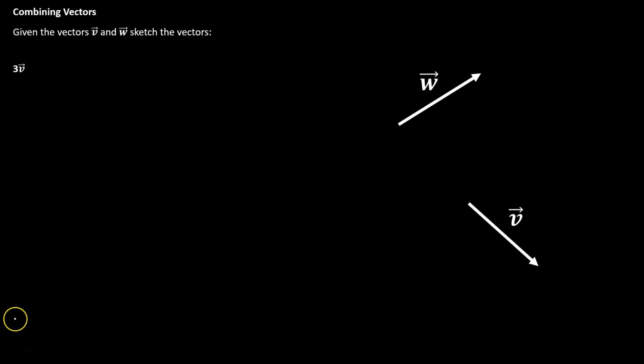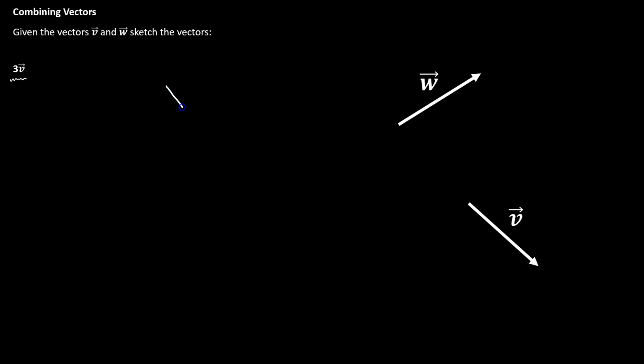Let's look at combining two vectors, again just using our visuals. So I have two vectors on the screen, v and w, and we are asked to create the new vector 3v. So what we're going to do is essentially make a copy of this vector v and then make it 3 times as long. So this is a rough sketch.